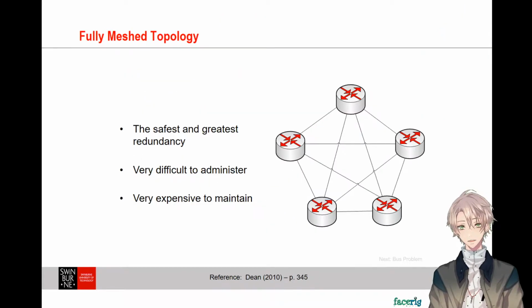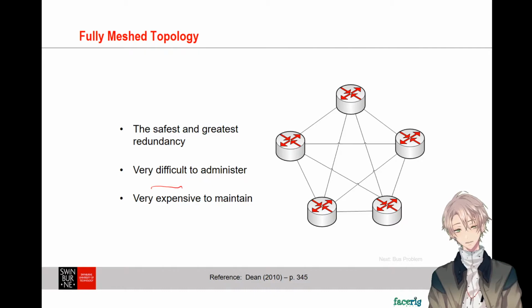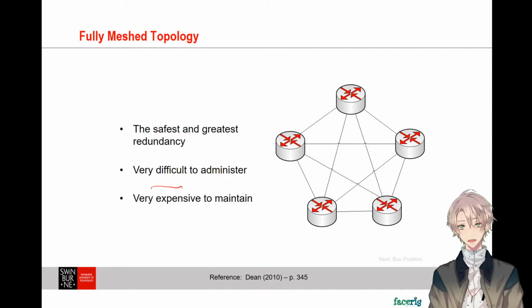This is what they call a fully meshed topology, which is the safest and has the greatest redundancy. It is very difficult to administer and expensive to maintain, because of all these wires that you need to buy, that you need to check, you need to make sure that everything is okay, and the network connections also need to be maintained.